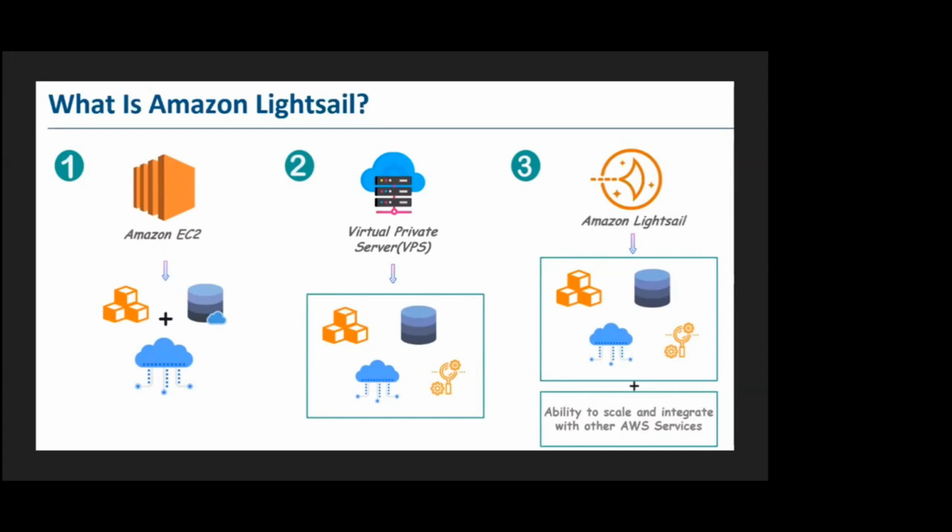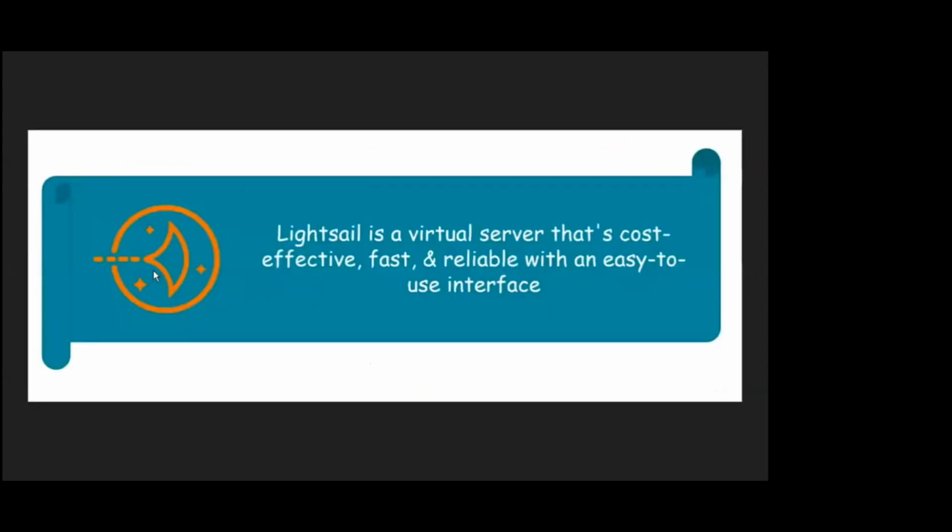With Amazon LightSail, you can run simple applications without bothering about the underlying infrastructure, and auto scale your resources according to your application. In a simple, basic line, LightSail is a cost-effective, fast, and reliable virtual server with an easy-to-use interface.